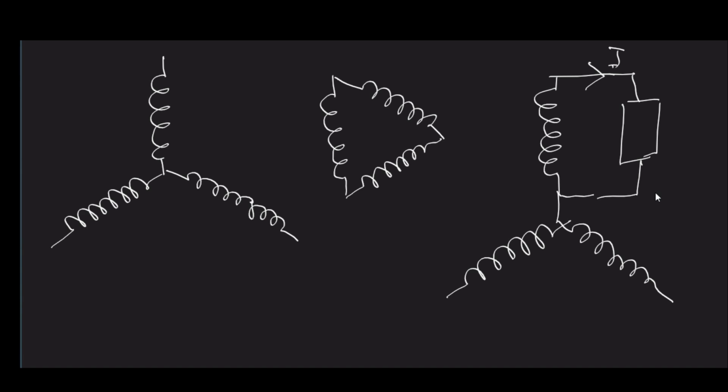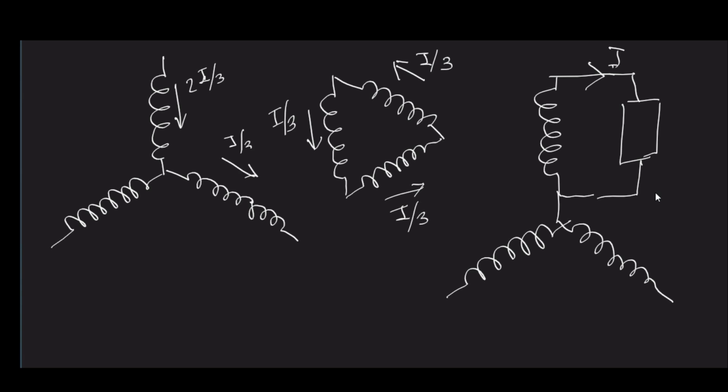Here, due to the presence of this stabilizing winding, it will carry I3 current through all its phases, and therefore what we will have here is 2I3, this is I3, this is I3.